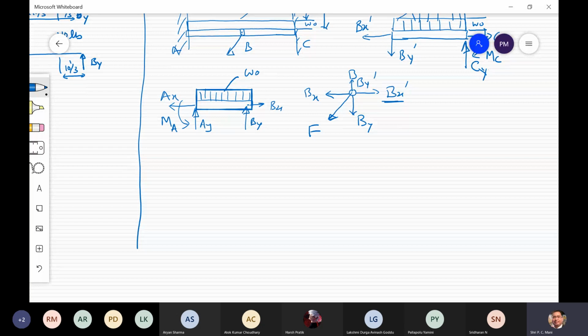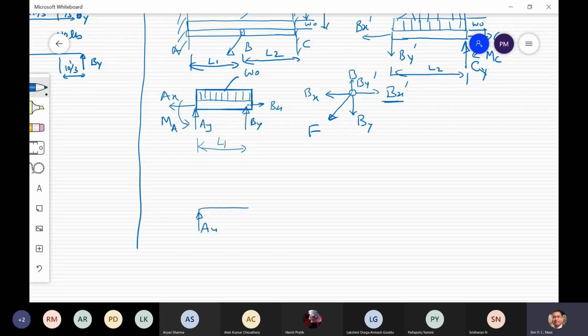When you convert this, just consider the length. Say this length is L1 and this one is L2. It is not given in the book, so I am assuming this is L1 and this is L2. If you use this, the rest of the things are the same.